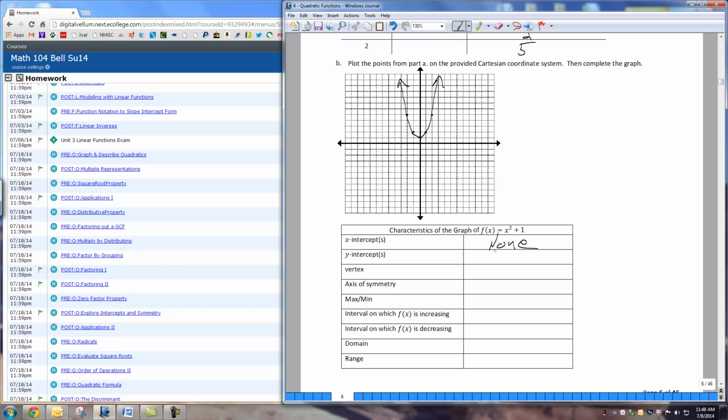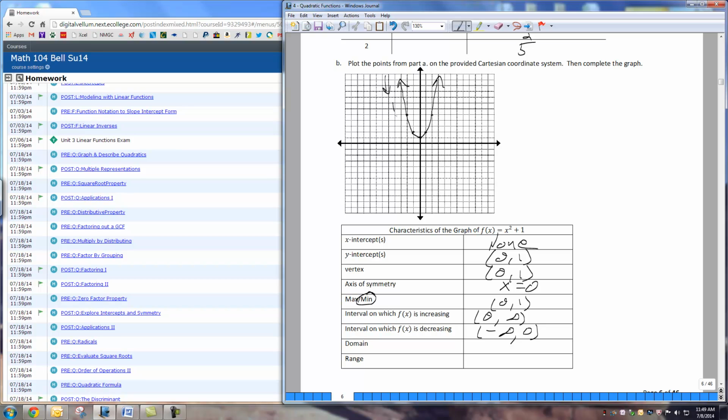Our y-intercept is the point 0, 1, which happens to be the same as the vertex in this case. Our axis of symmetry is the same line, x equals 0, and now we have a minimum at our vertex, 0, 1. It increases from 0 to infinity, and it decreases from negative infinity to 0.